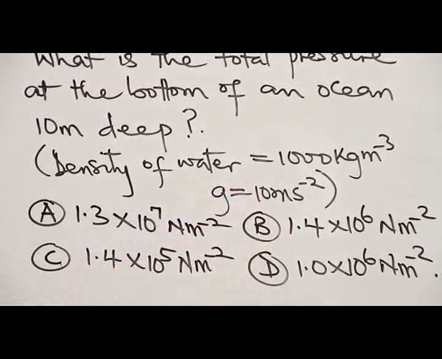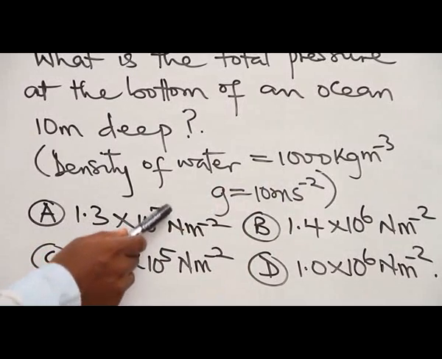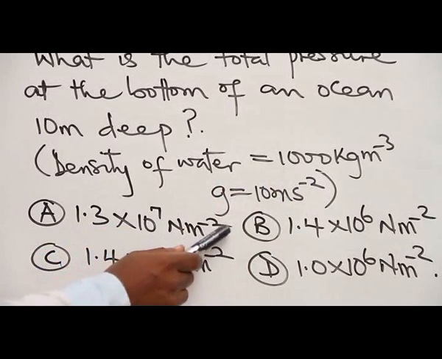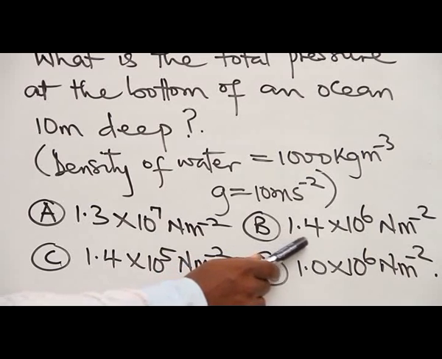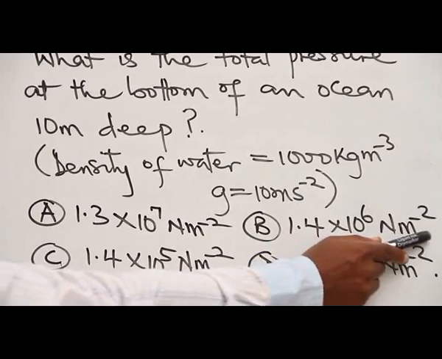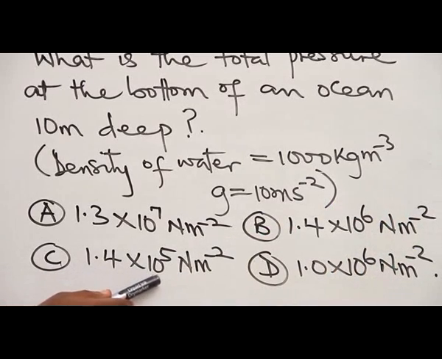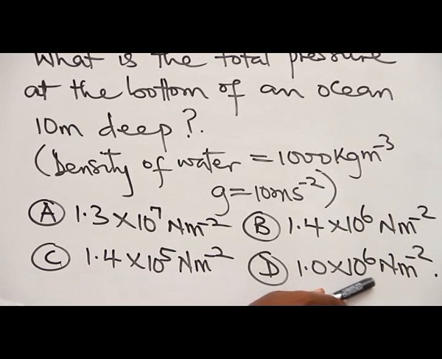The options are A. 1.3 times 10 raised to power 7 Newton per meter square, B. 1.4 times 10 raised to power 6, C. 1.4 times 10 raised to power 5, D. 1.0 times 10 raised to power 6 Newton per meter square.